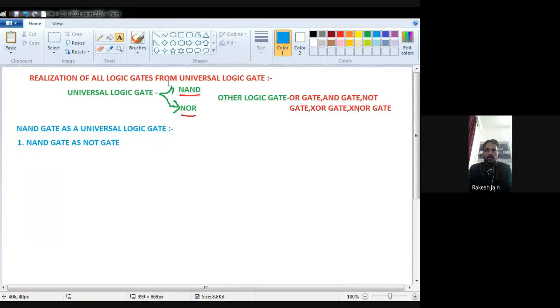So first of all you should know the basic symbol of NAND gate, and we know what the basic symbol of NAND gate is. This one is the NAND gate.